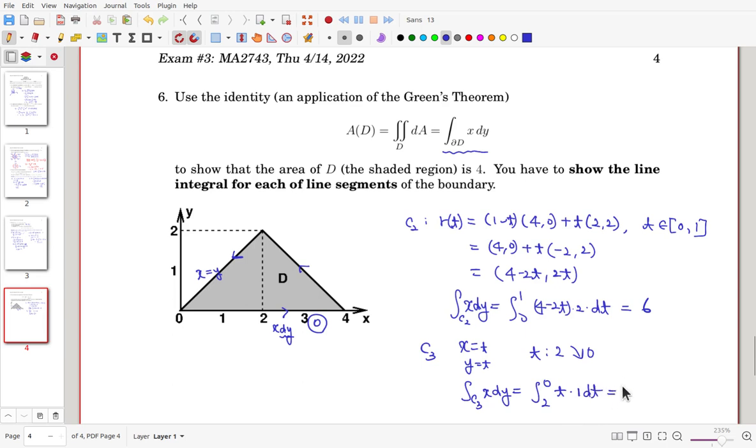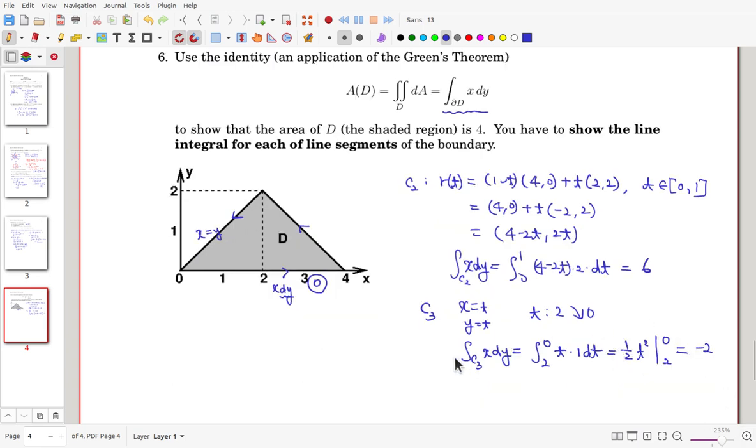So that is half t squared from 2 to 0, which is minus 4 over 2, so minus 2. If we add the 3 values, 0, 6, minus 2, then that must be 4.